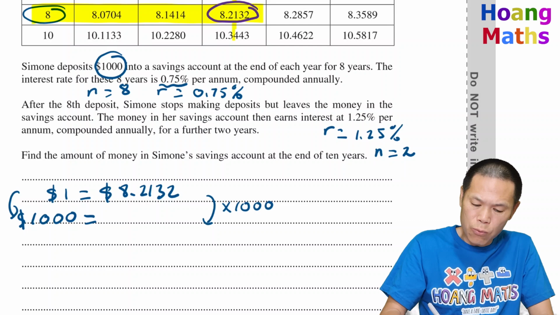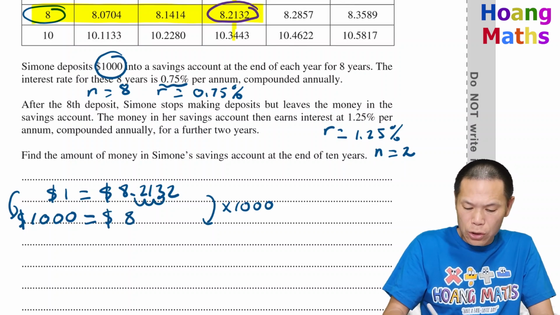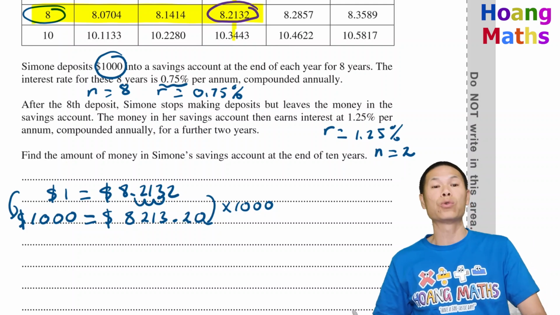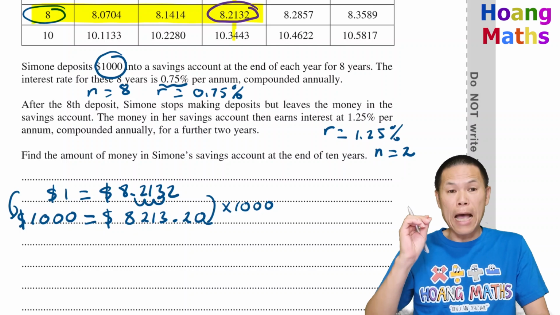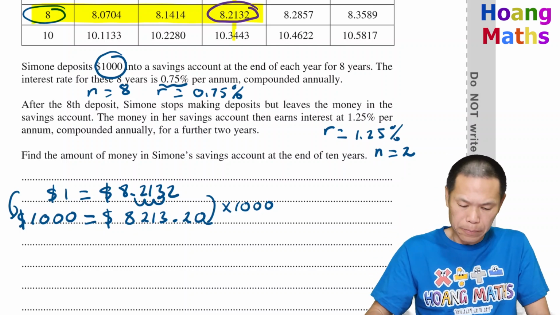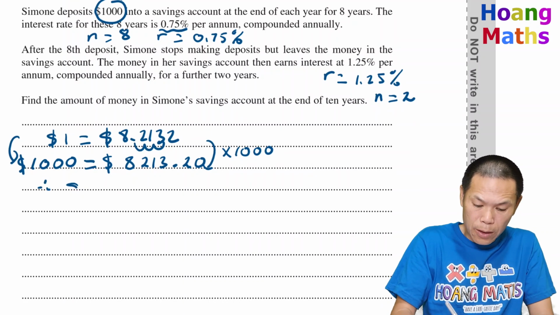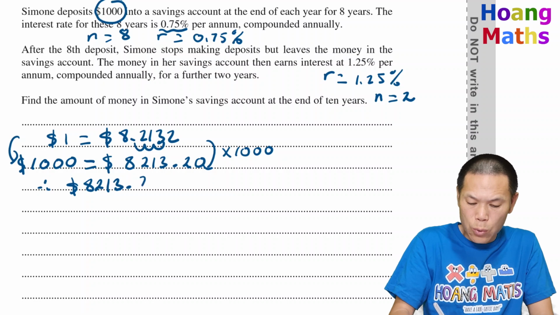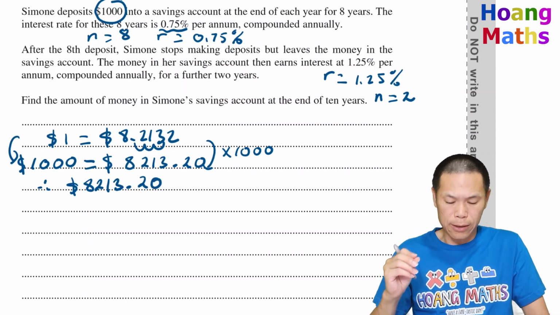We move 1, 2, 3, so the answer is 8213.20, because 2 decimal places for money. Therefore, this is how much she has at the end of 8 years. Let me just write this down. Therefore, 8213.20, after 8 deposits.